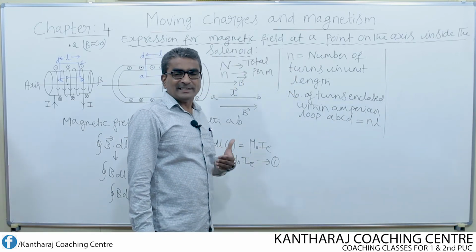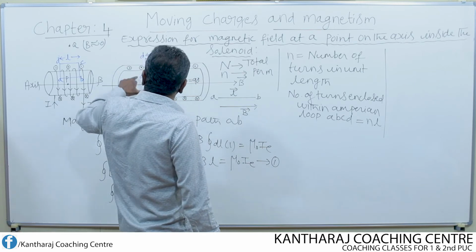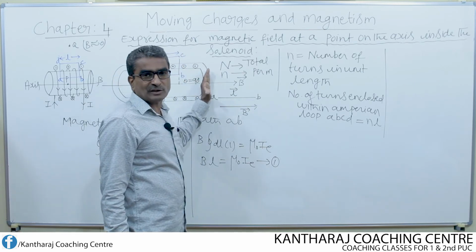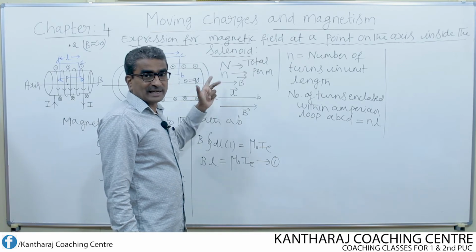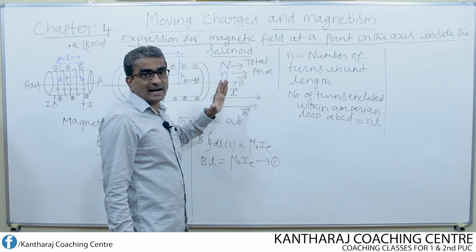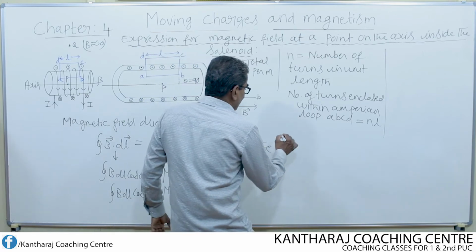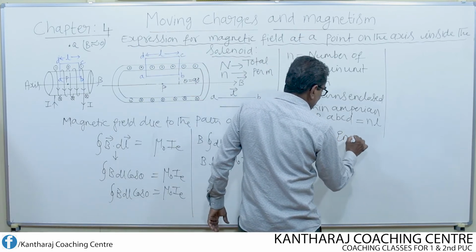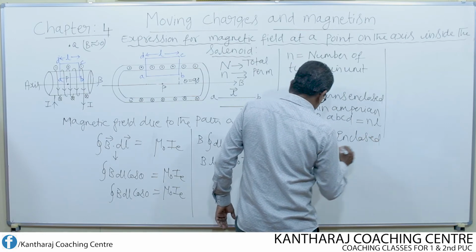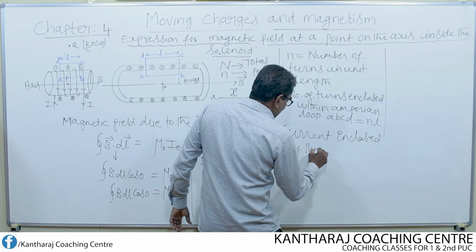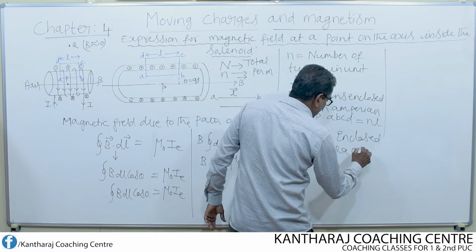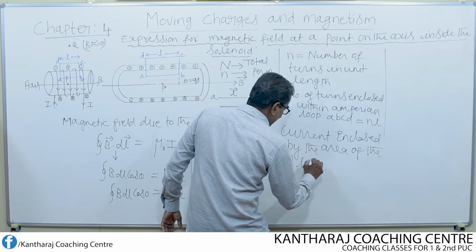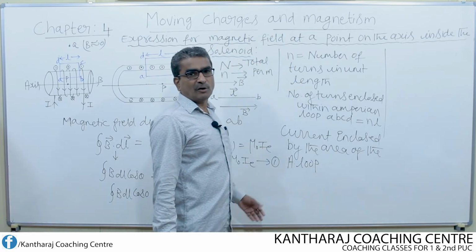Now what is the current enclosed within the Amperian loop? The total current flowing through the solenoid is I, but the current enclosed within the area of the Amperian loop is IE. How do you find that?